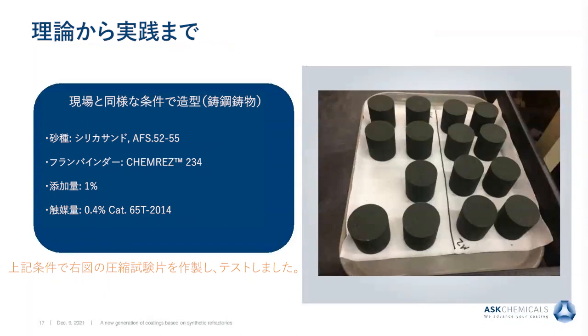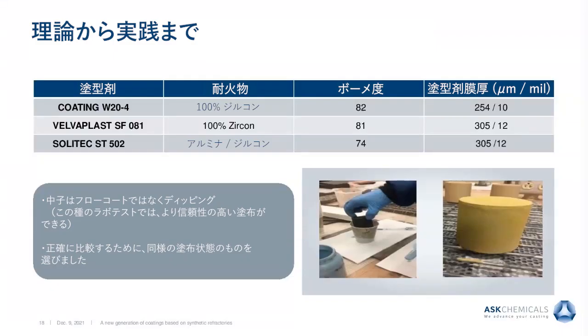There are furane compression cores made out of silica sand of AFS 52 to 55 with a furane binder at a 1% level addition and 0.4% catalyst. We tested different coatings, 2 Zircon-based coatings and 1 alumina-based coating, which in this case contains a small amount of Zircon. And we applied it at almost the same coating layer thickness by dipping, as you see on the pictures.